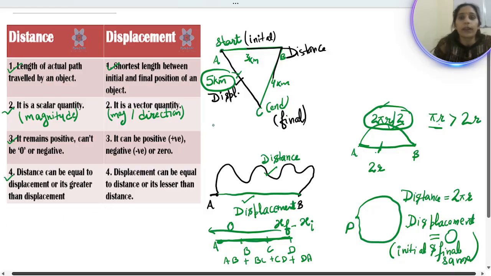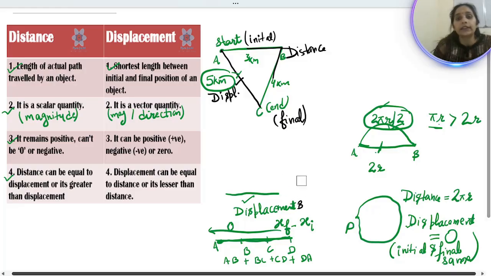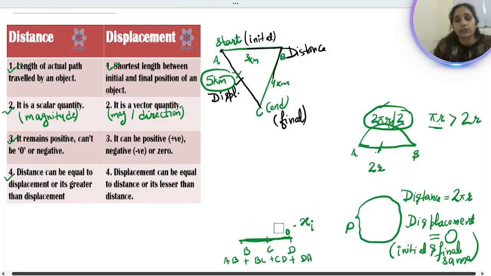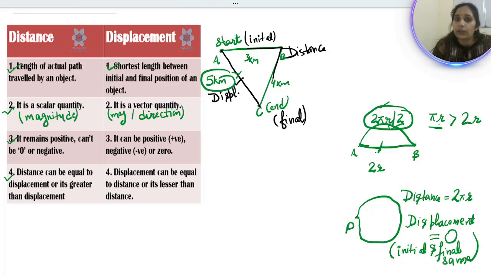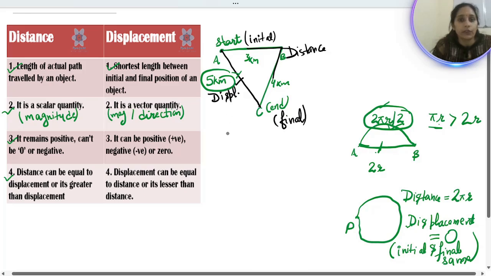Now come to the fourth point. The fourth point is that the distance is always greater than or equal to the displacement. So I will explain it now. As you can see in the various examples, in this case, the distance is 7 kilometers, the displacement is 5 kilometers.